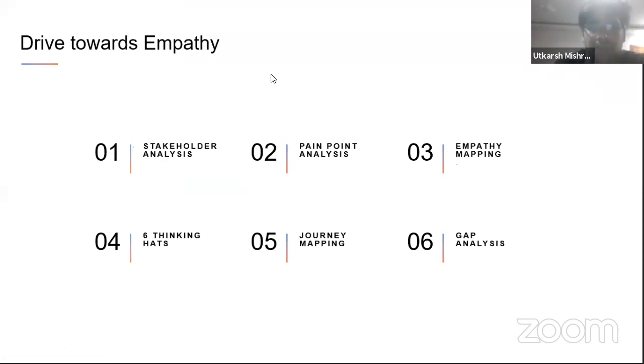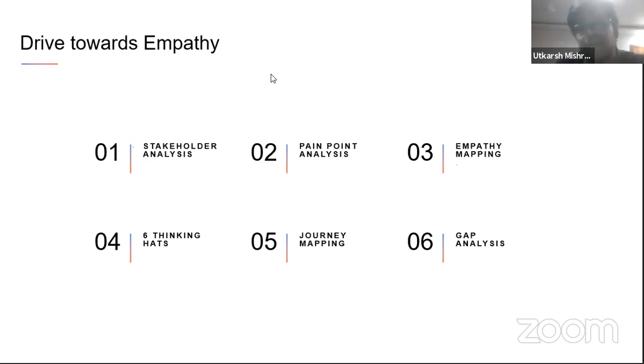We'll start with stakeholder analysis. Stakeholder analysis is nothing but when we interact with people, when we interact with the major stakeholders, the people who will be impacted by this. This stakeholder analysis always gives us a clear idea of for whom we are solving this problem. In the case of transportation, it will tell us who will benefit most once this problem is solved, who will use these transports, and who can help provide these transports.